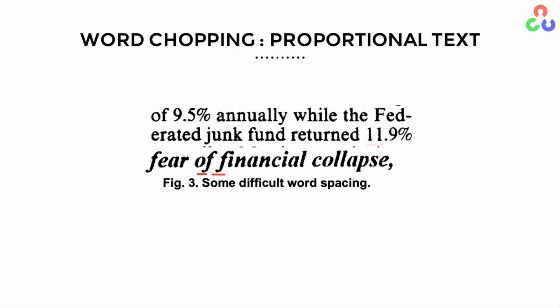So for example, the distance between these two ones is very different than the distance between these two Fs, which is almost 0. So even though we can see the space here, the bounding box distance is 0. Now, Tesseract solves most of these problems by measuring the gap in this limited range.